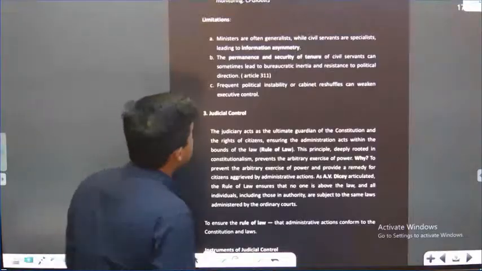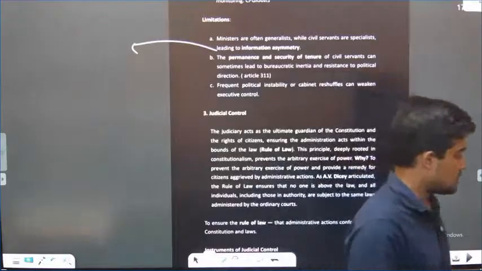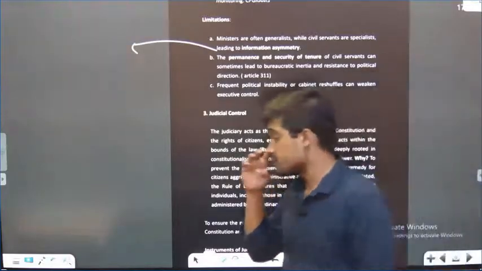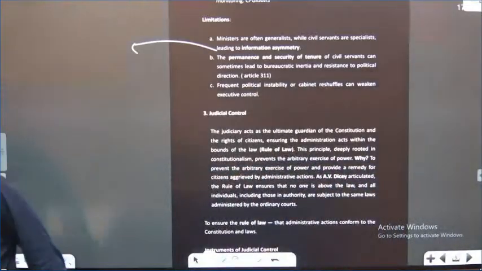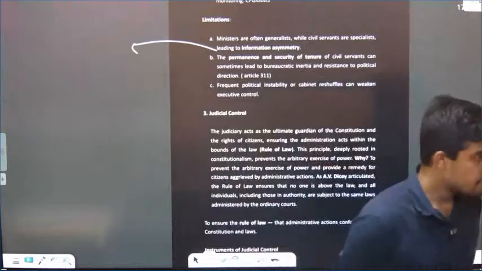Now, what is the limitation of this? The ministers or the senior bureaucracy, especially the cabinet ministers, are very generalist in nature. They are not specialists.